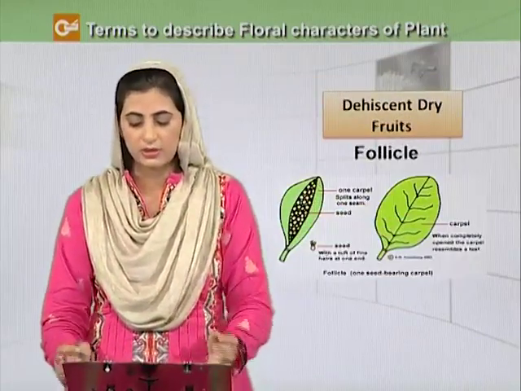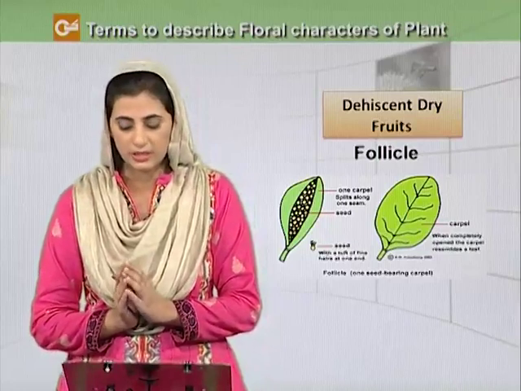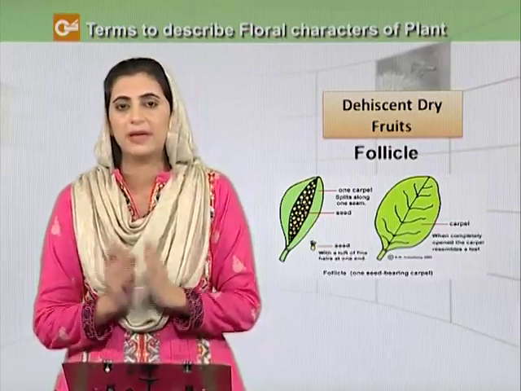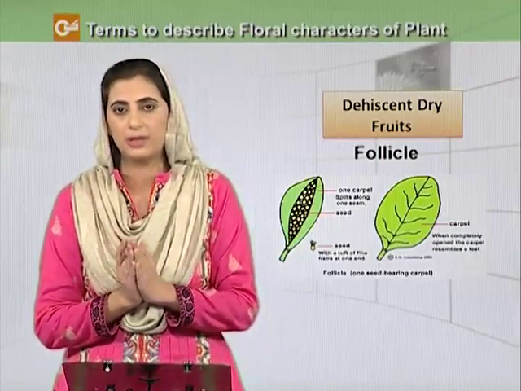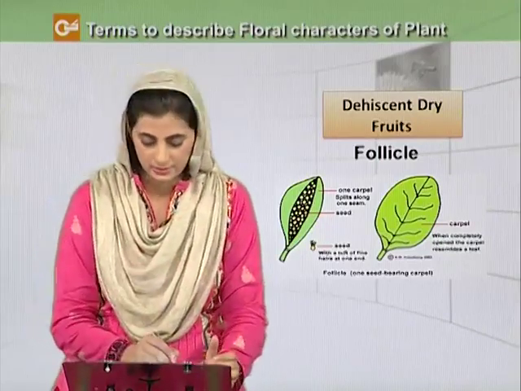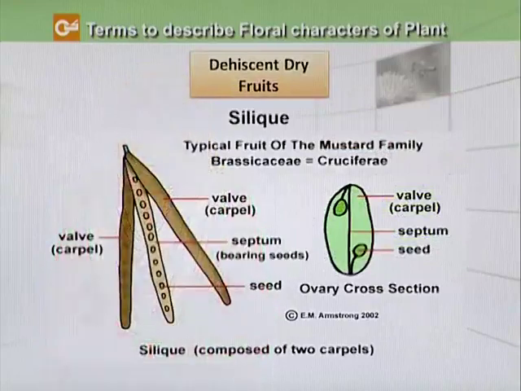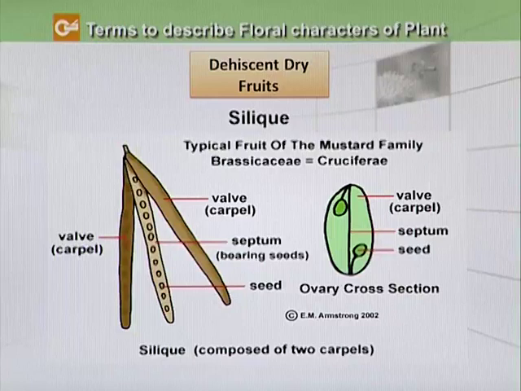In case of another category, called follicle, it is also made up of one carpel, but at maturity it splits open at a single end. And the other category is that of siliqua. It is actually made up of a bicarpellary or two-carpel ovary, and it splits open at maturity from the dorsal or ventral side.